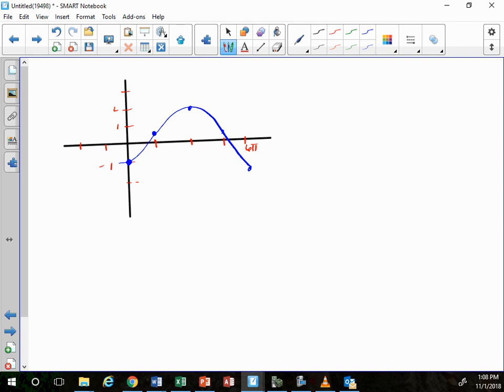So I would do 2 sines and 2 cosines. Whoa, that's 6 pi. That is 6 pi.